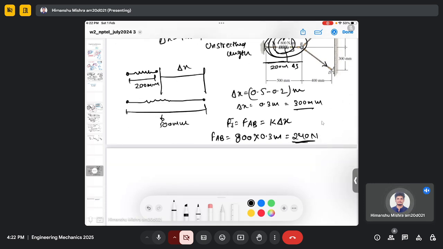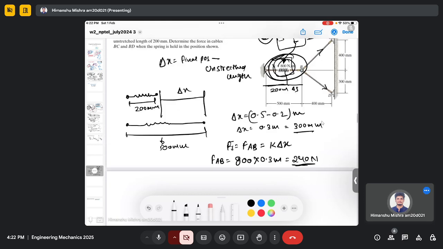So once we get the force in the chord AB, which is 240 Newton, now we can make the free body diagram and we can repeat the exercise that we have been doing since the couple of problems.